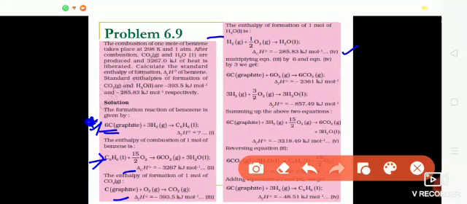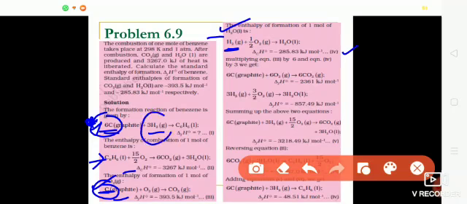Now you can see that for the formation of benzene we require 6 moles of carbon and 3 moles of dihydrogen, but the equations we are getting, the formation of carbon dioxide and the formation of water, involve just 1 mole of carbon and 1 mole of hydrogen. So we have to multiply equation 3 by 6 so that the number of moles of carbon becomes equal.